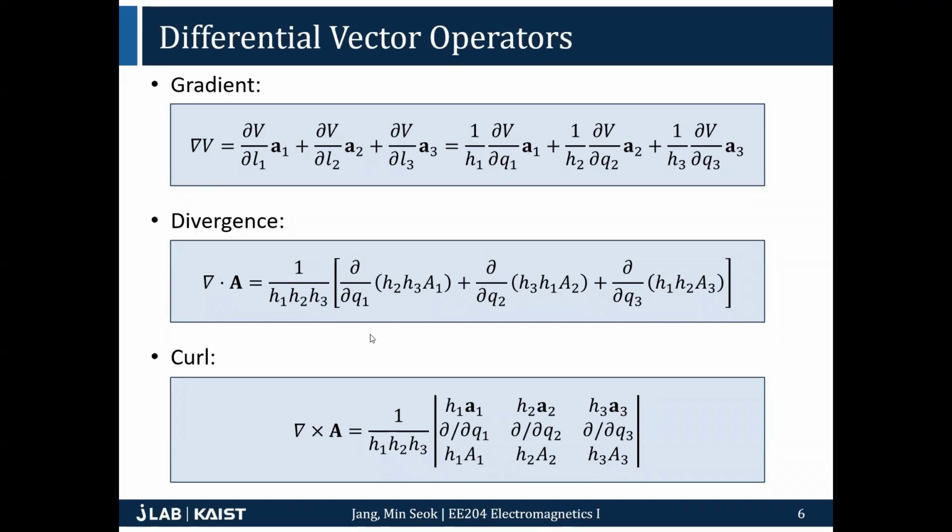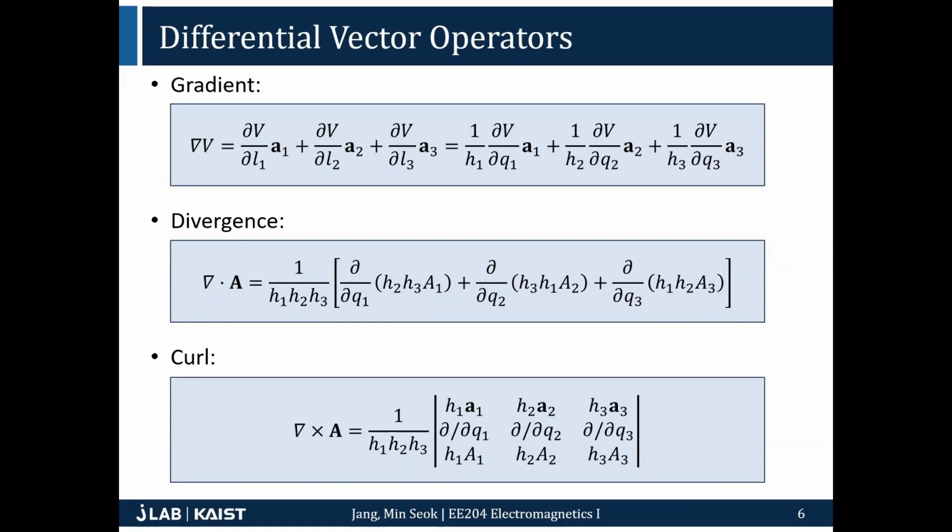So now let's think about why our definitions of divergence and curl are that simple in Cartesian coordinates. The reason is simple. That is because h1, h2, h3 are all 1 in Cartesian coordinates, because we don't need a scale factor there.